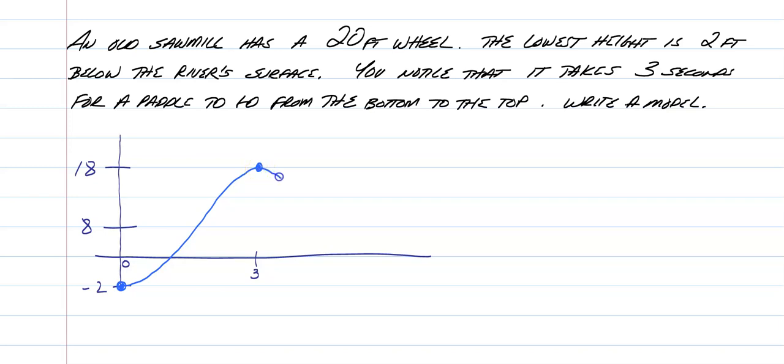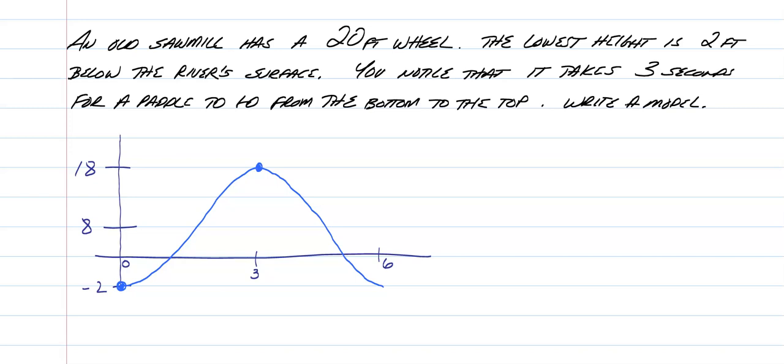One thing you must absolutely do, though, is go back to the bottom. Remember, when you are working with sinusoidal type of applications, you need to always have one full cycle. So if you just went from 0 to 3, you would need to go all the way out to 6.